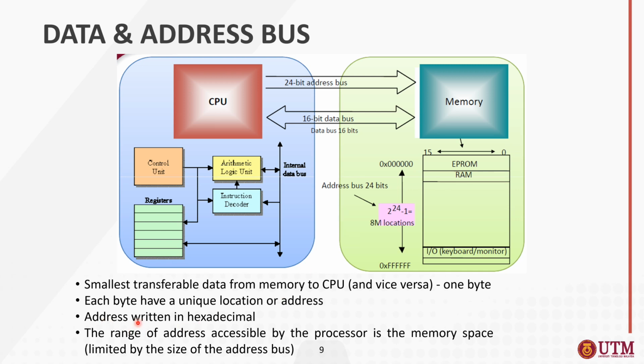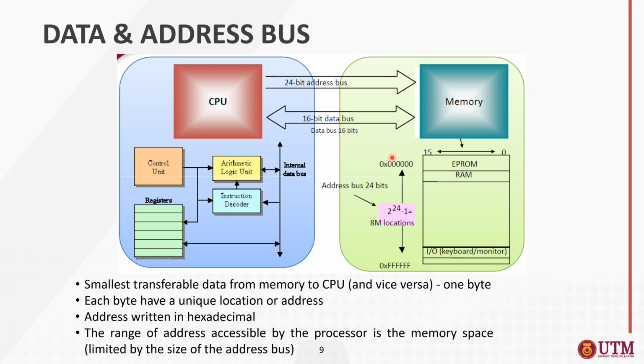So each address is written in hexadecimal, as you can see, 0x000000 until 0xFFFFFF. So the address inside the memory is in hexadecimal. Right, so the range of addresses accessible by the processor is the memory space.